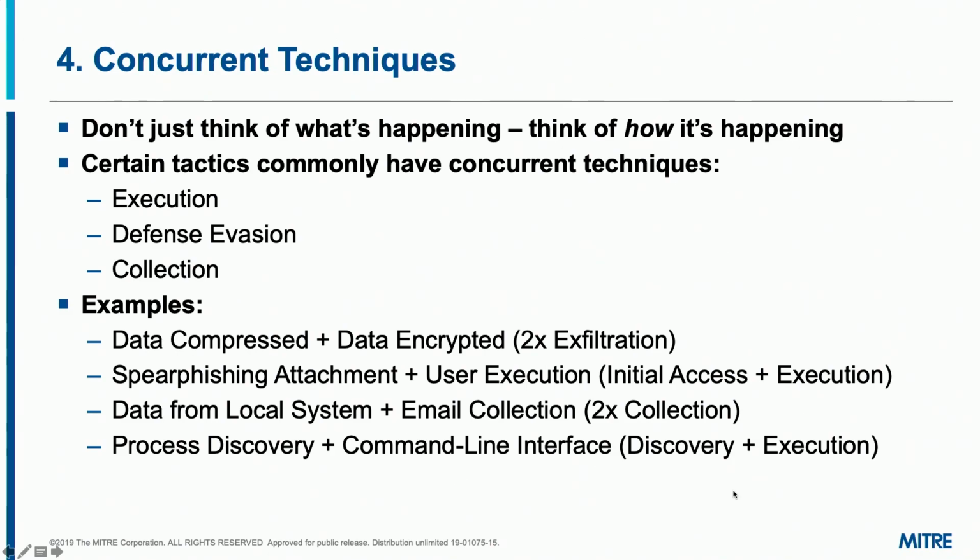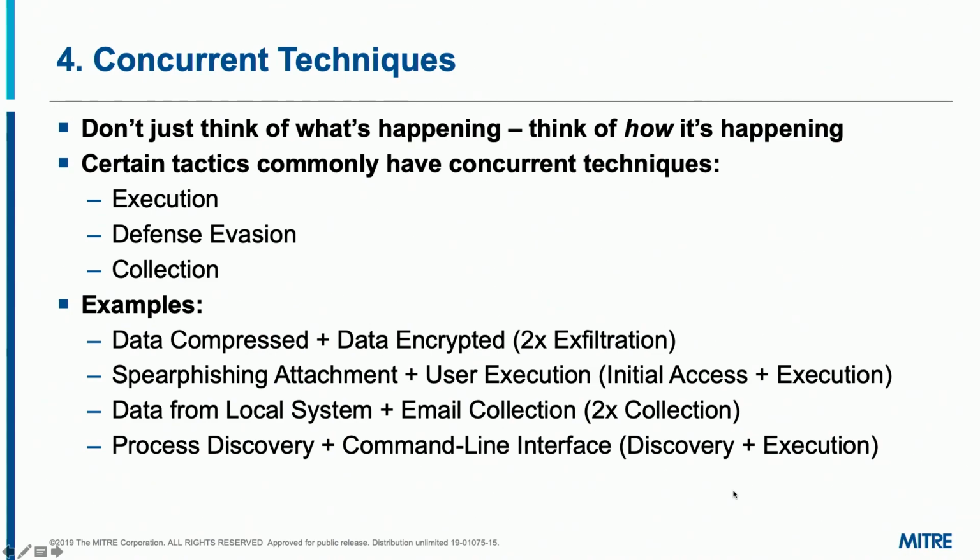And so some other examples of common ways that we see concurrent techniques happening. So data compressed, data encrypted are two things that often come together. If you're creating a zip file, you're creating a RAR like we just showed, these are both happening at the exact same time from command line arguments that are different parts of a command line. And so these are both in exfiltration. Another combination we often see closely together is spearphishing attachment and user execution.